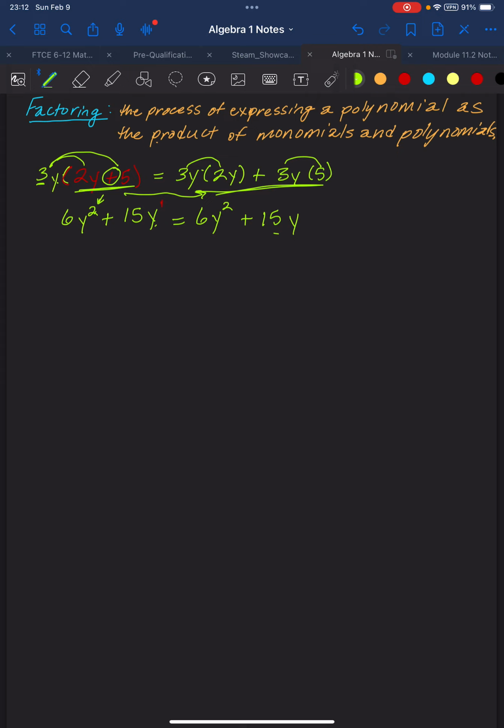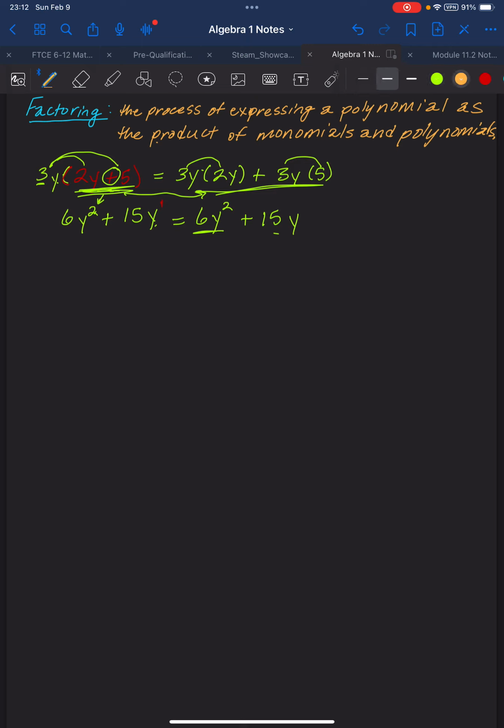Now, when we factor, we're undoing this distributive property to where we rewrite our polynomial. In this case, our polynomial is 2y plus 5y. We undo it by factoring. In other words, we actually divide out a common term between these two. Okay, so this is where knowing multiplication comes in handy.